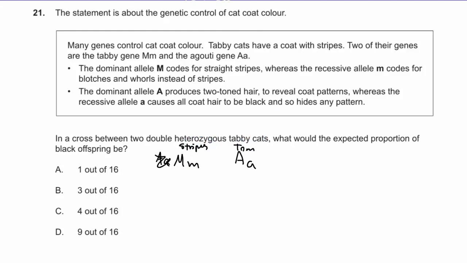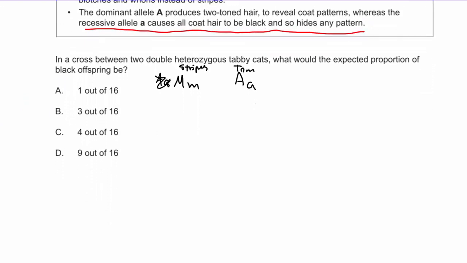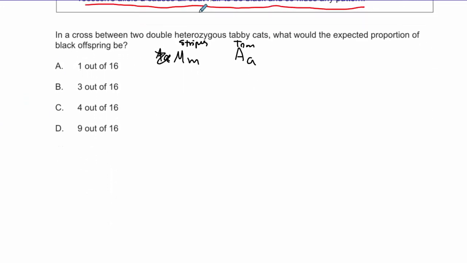But the funny thing here is that the recessive allele a causes all coat hair to be black and so hides any pattern. So there are two ways to solve this. You can either make all the genotypes from two traits.